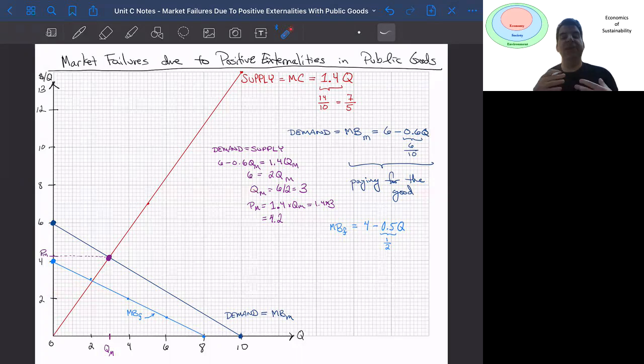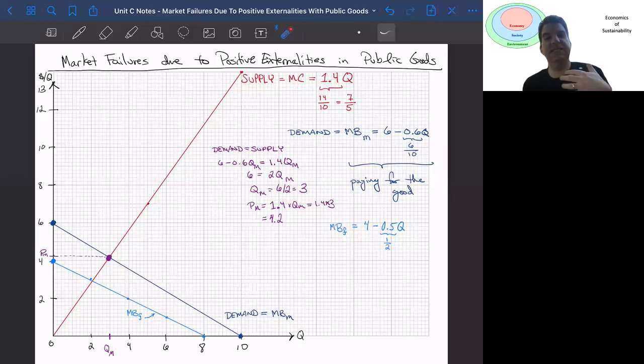This is telling us that although the market has come to equilibrium where supply is equal to demand, if everyone was paying for the benefit that they received, then the producer could actually end up producing more. In other words, the producer could raise the price and would still end up getting not just the QM that is already there, but more as well.